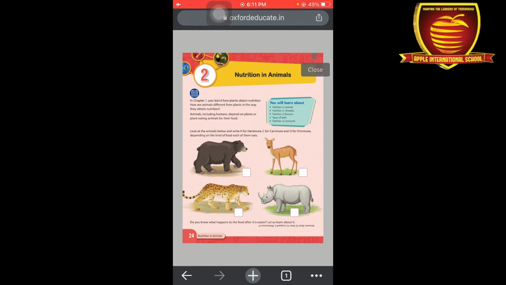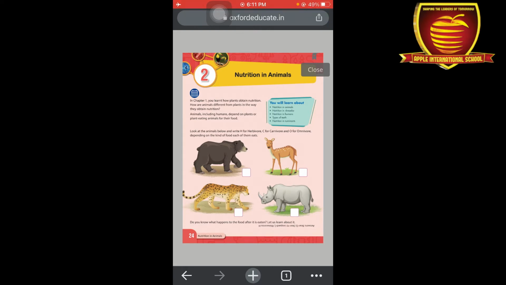These are the classification of animals depending upon their eating behavior. For example, herbivores are the animals which eat only herbs, means only plants and grass.